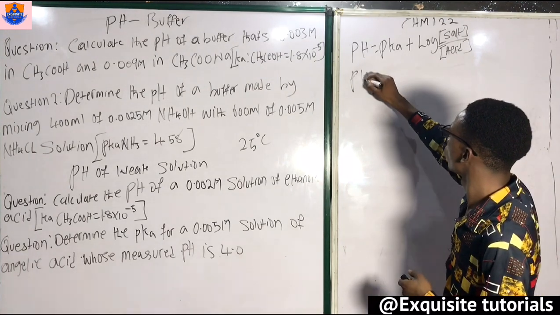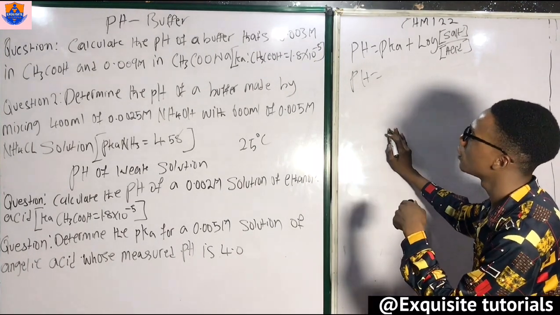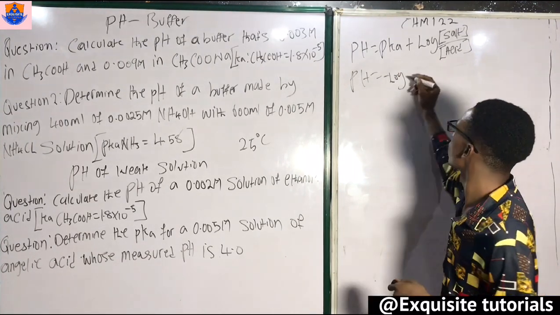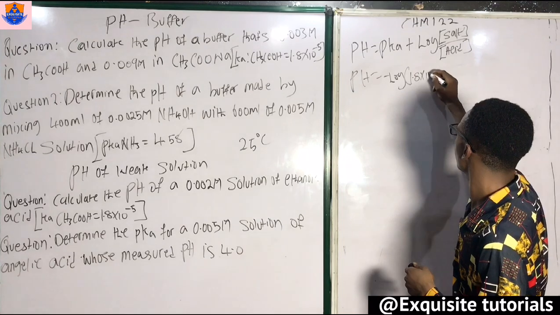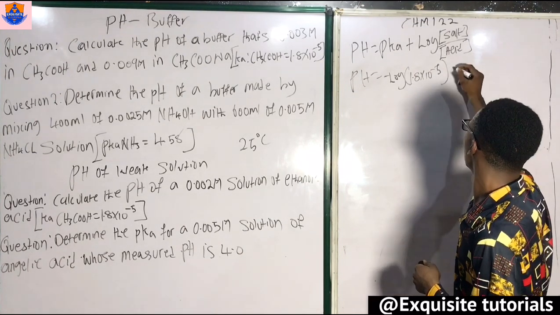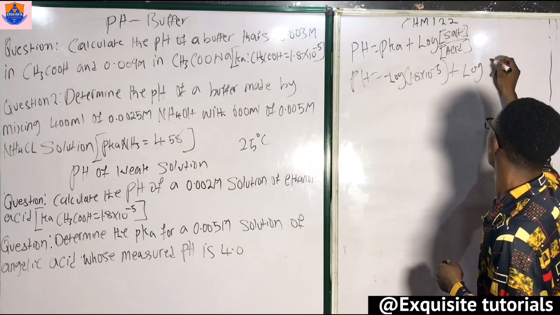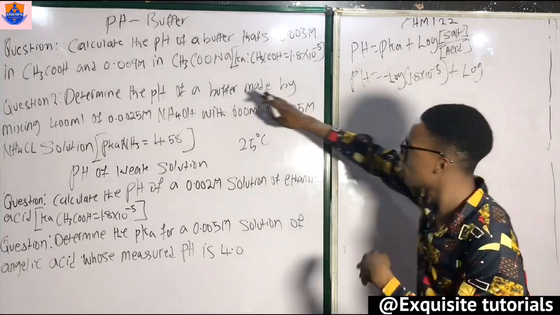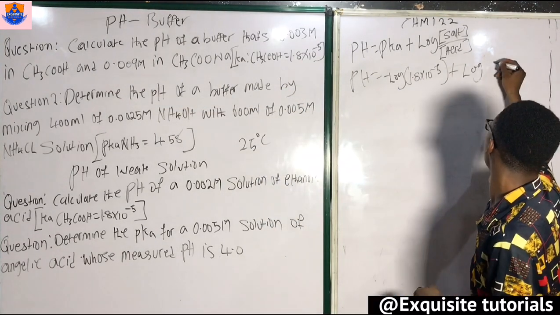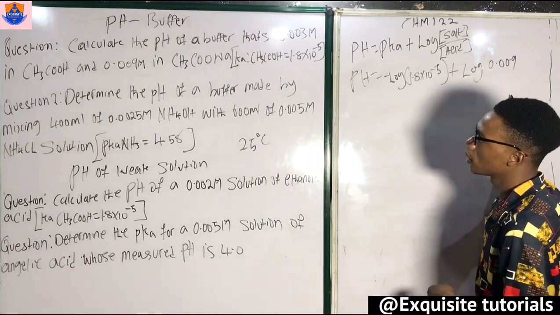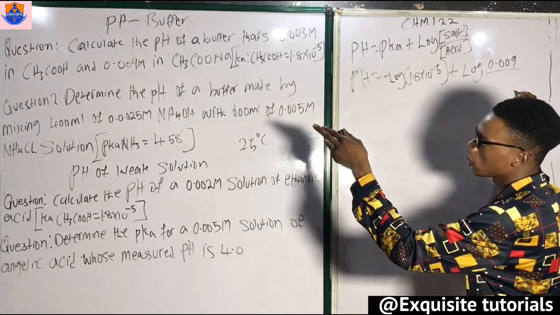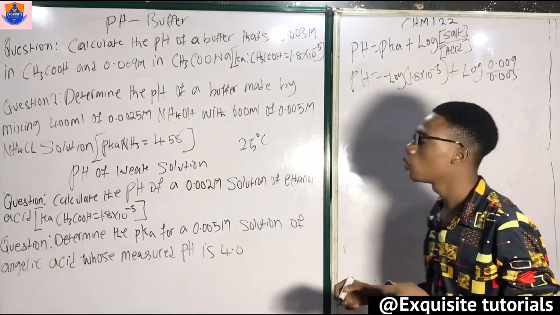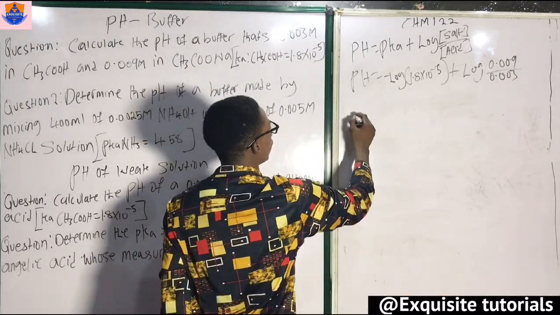So pH is equal to pKa, which is minus log 1.8 times 10 to the power minus 5, plus log concentration of salt. What is the concentration of salt? It was this 0.09, over the concentration of acid, which is 0.03.